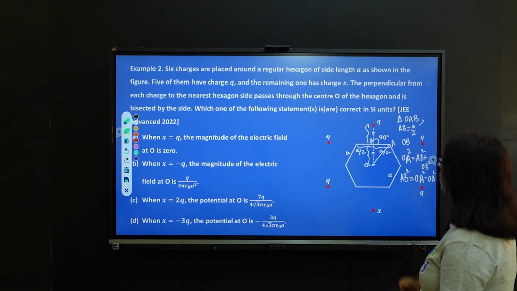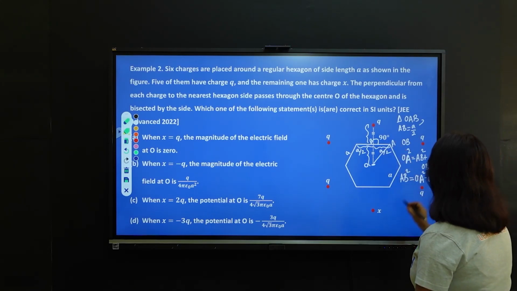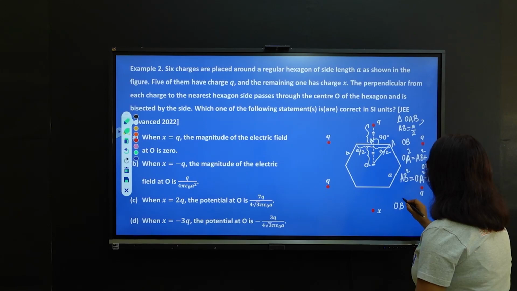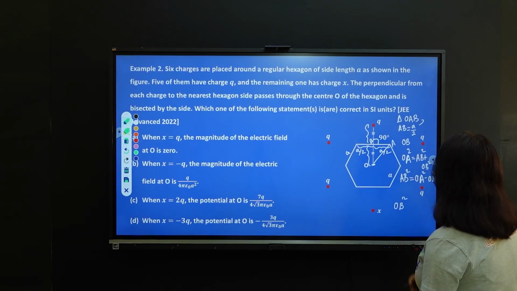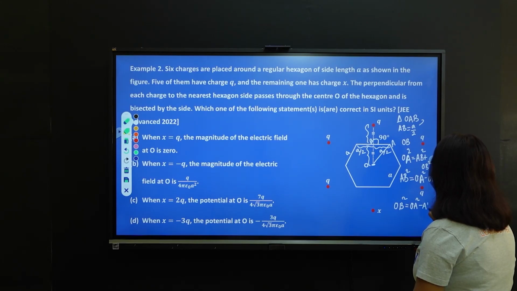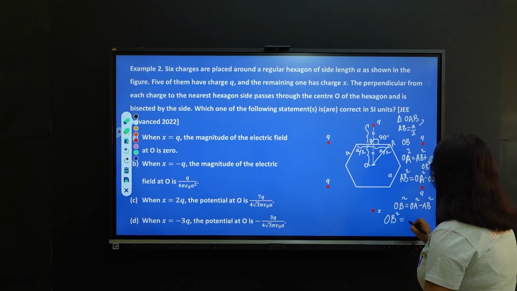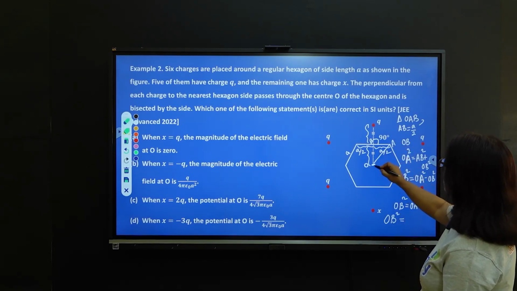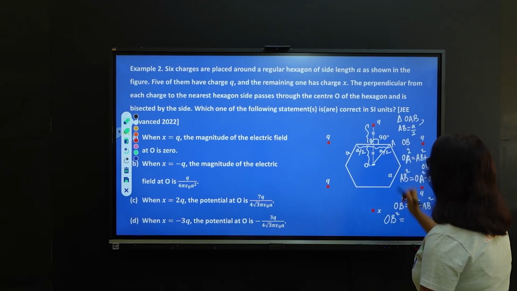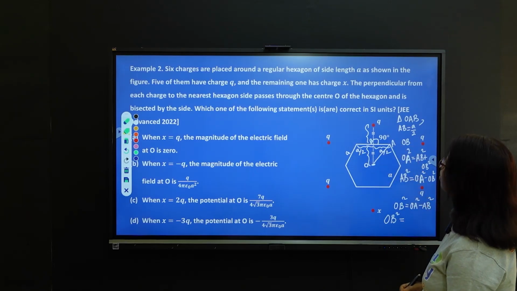Now AB is known here. We need to find out the value of OB. So OB square, from the diagram, is nothing but OA square minus AB square. So concentrate on OB square. OA square, this length, is equal to A, just as all the sides of the regular hexagon.